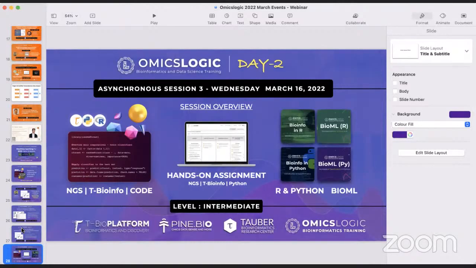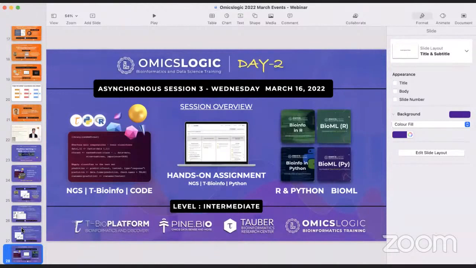Here we have R and Python, where you will be able to replicate some of the things that we practice from the GUI, as well as do downstream analysis, especially when we are talking about obtaining great graphical results using different types of methods, such as predictive analysis as well as classification.